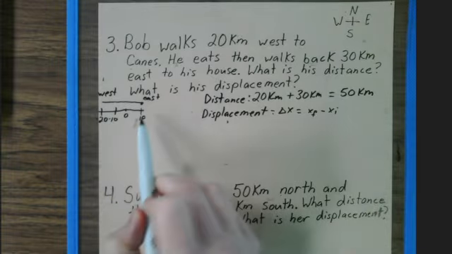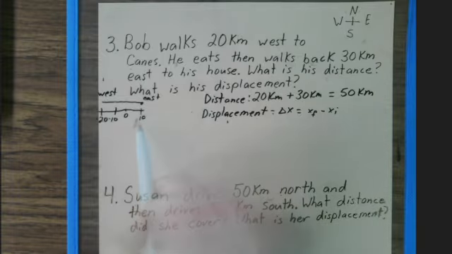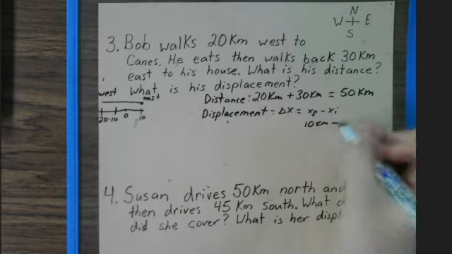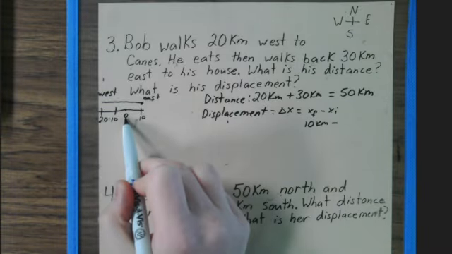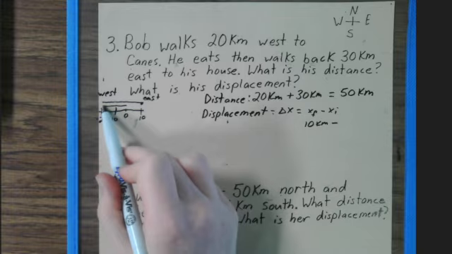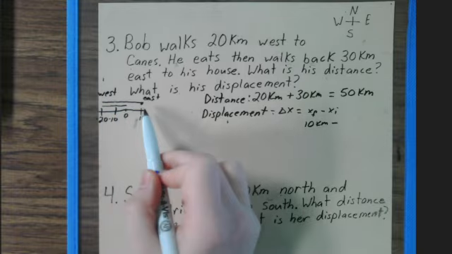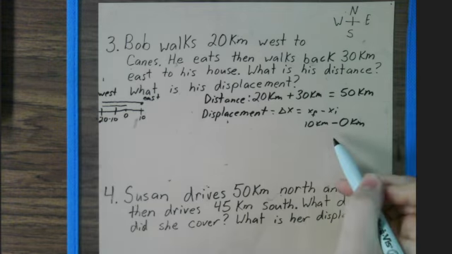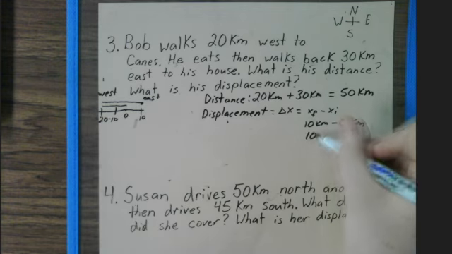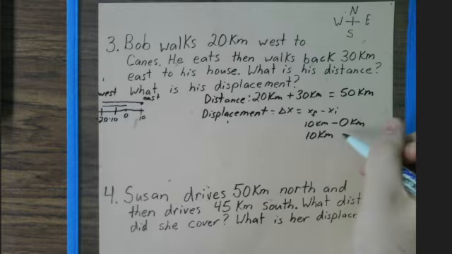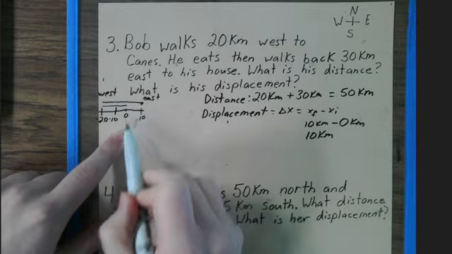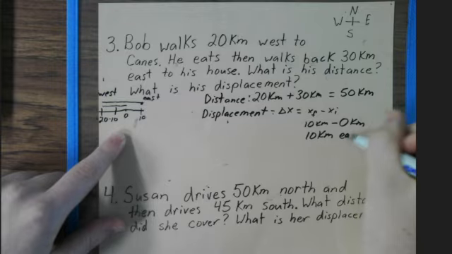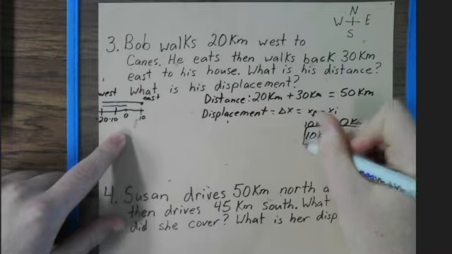Our final position ended up being here at positive 10. So we're going to put that there. 10 kilometers minus our starting position, which is here at 0, because he traveled from 0 to 20, and then he went back 30. So after subtracting those, our displacement is 10 kilometers, but we need a direction. We ended up going from 0 to 10, that's traveling east. So 10 kilometers east. We're going to box it.